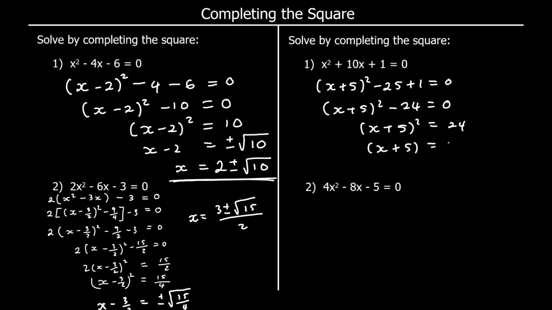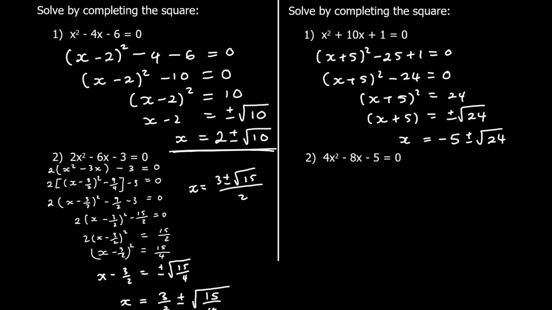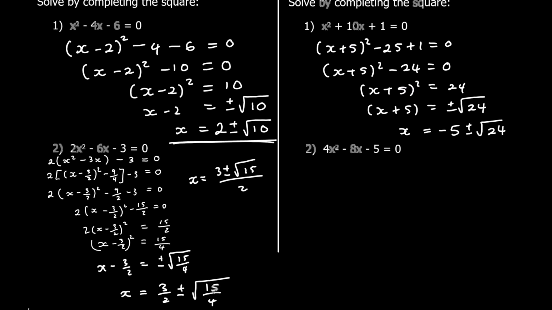Square root, so plus or minus square root 24, and then take away 5 from both sides. So x is negative 5 plus or minus the square root of 24. And again, we can simplify the surd, but we don't have to. Unless the question asks us to give it in a certain form.